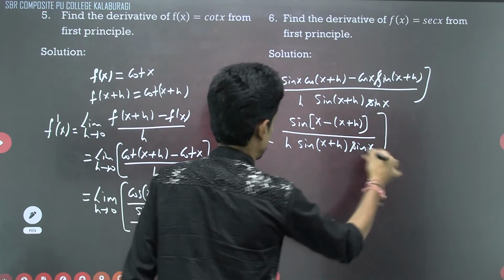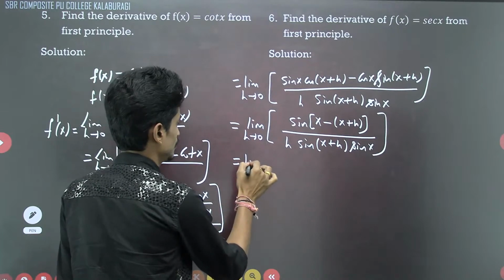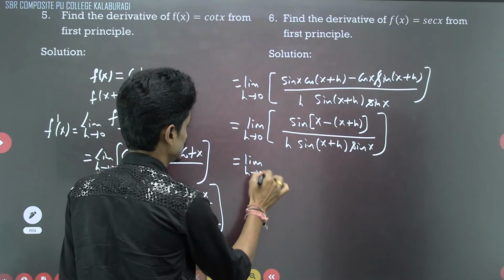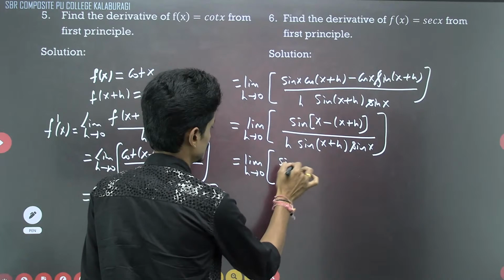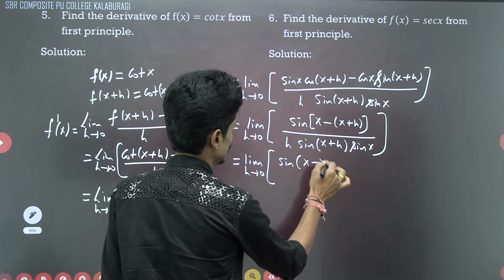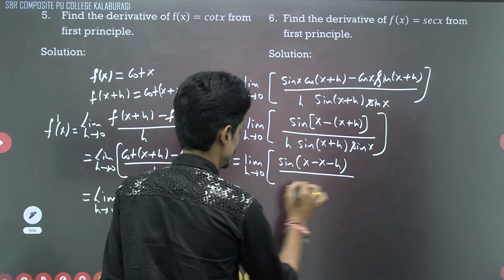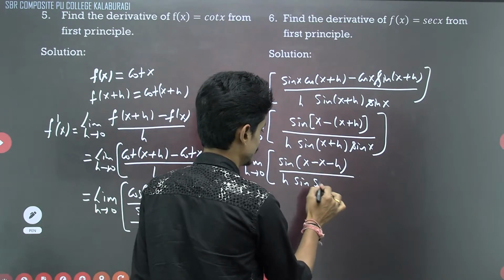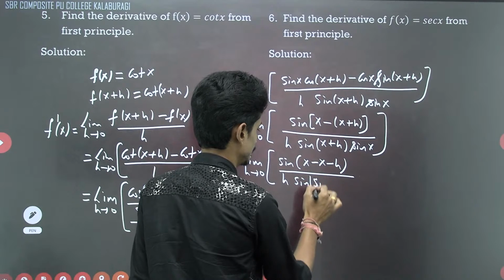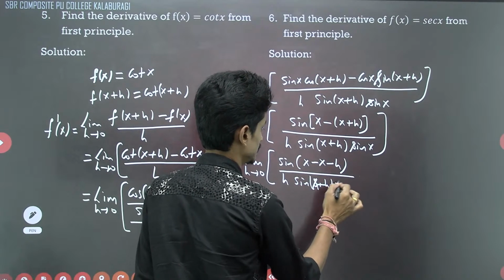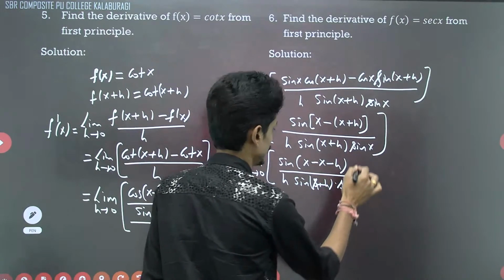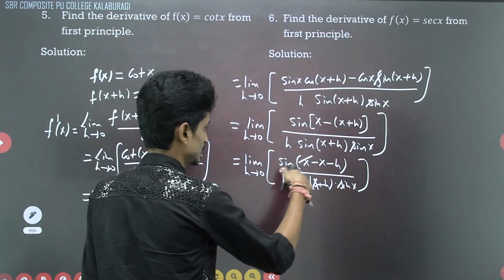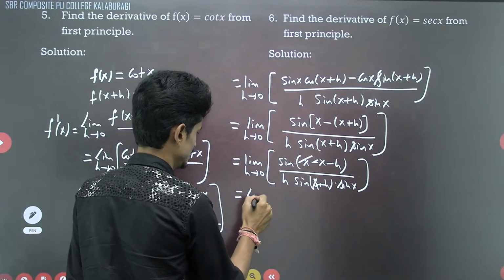Now, removing the bracket, limit as h tending to 0, sin of x minus (x plus h) divided by h into sin of x plus h into sin x. Now x cancels. What remains?